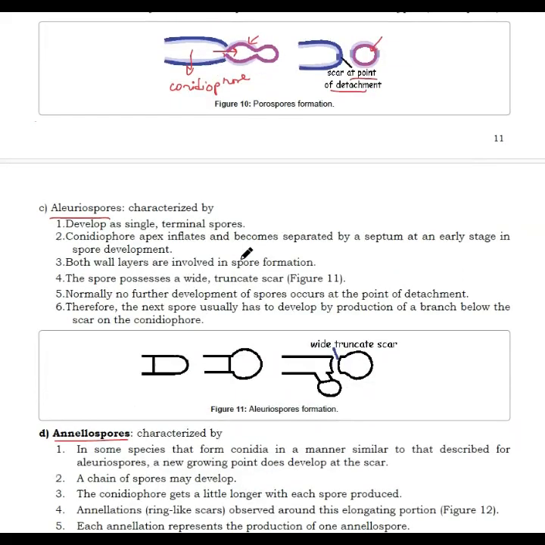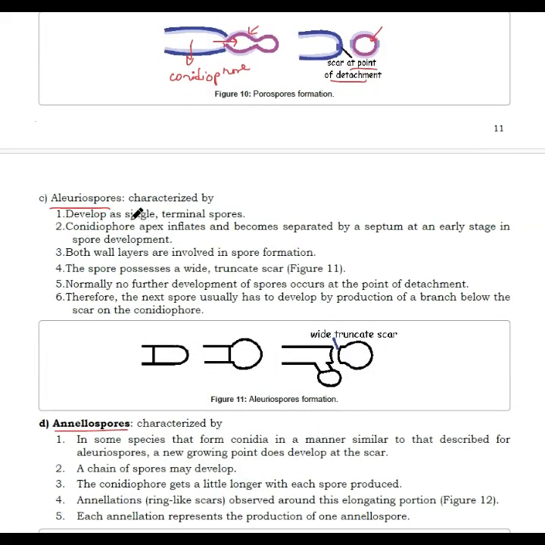Next is aleuriospores, where spores develop as single, terminal spores. Only one, at the terminal, and they become separated. They first inflate or bulge, and become separated by a septum at a very early age in spore development.